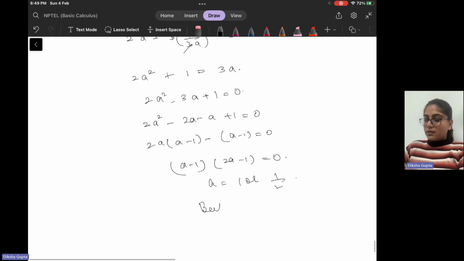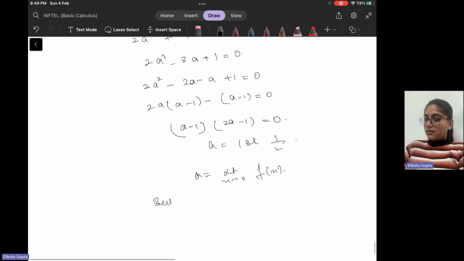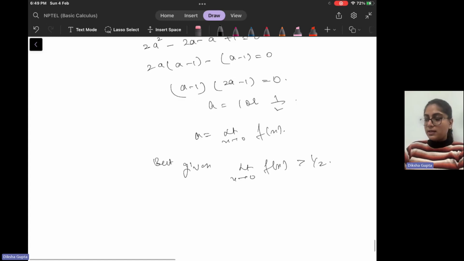But what is a? a is the limit of f(x) at 0. But it is given that limit x tending to 0 f(x) is strictly greater than 1 by 2. So a has only two options: either it can be 1 by 2 or it can be 1.